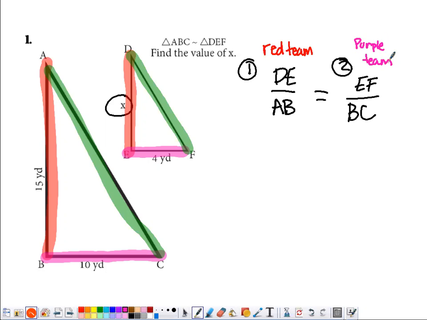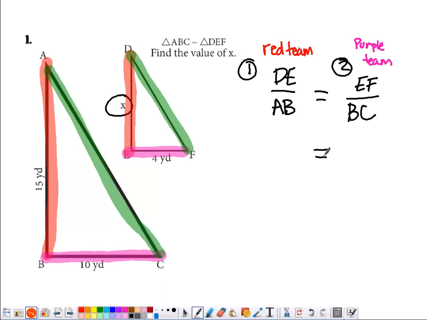All right. We've got to keep our red team numbers on their side of the equal sign. So my red team is DE, which is what?